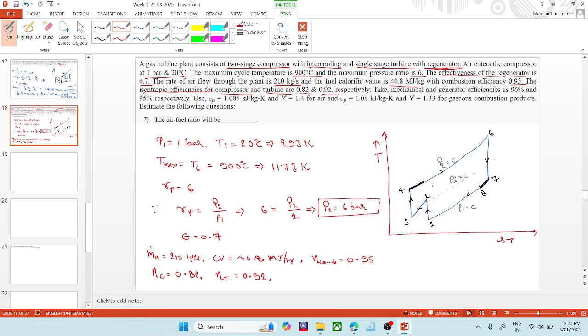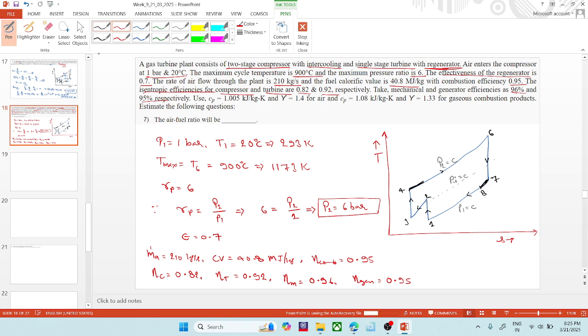All right. Take the mechanical and generator efficiencies as 96% and 95% respectively. Mechanical efficiency is 0.96 and generator efficiency is 0.95.